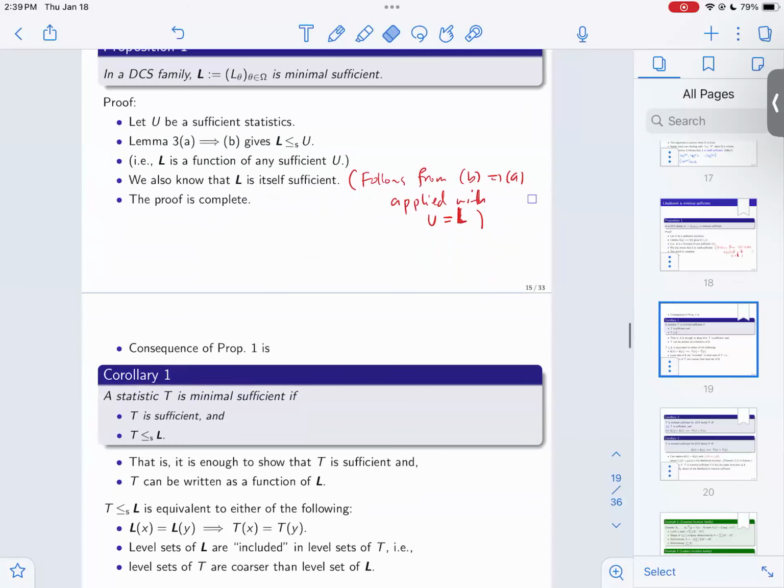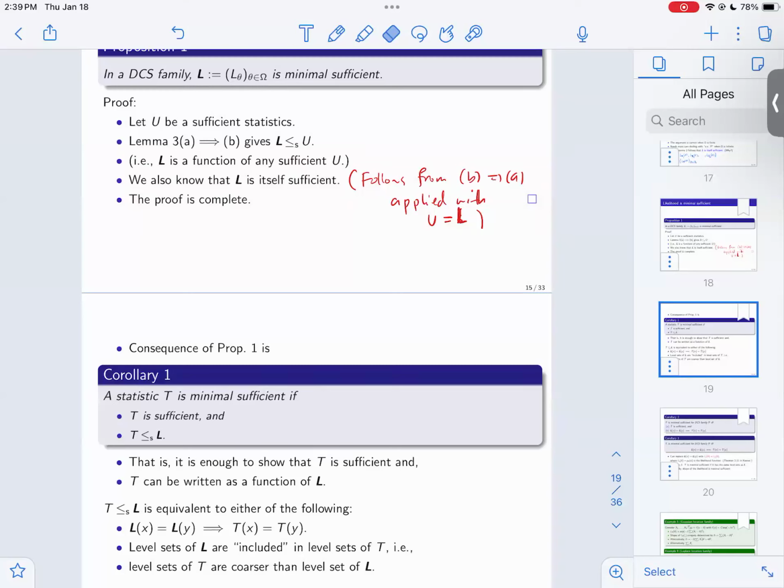So in order to show that T is a function of any sufficient statistic, it is enough that T is a function of L, because L is a function of any other sufficient statistic. And it's also if and only if, because L itself is sufficient. If T is going to be a function of any sufficient statistic, it has to be a function of L. But being a function of L is enough to be a function of any other sufficient statistic, because L itself is a function of those.